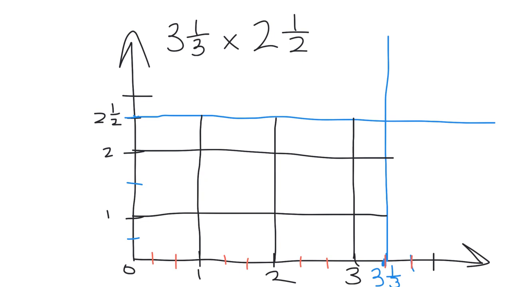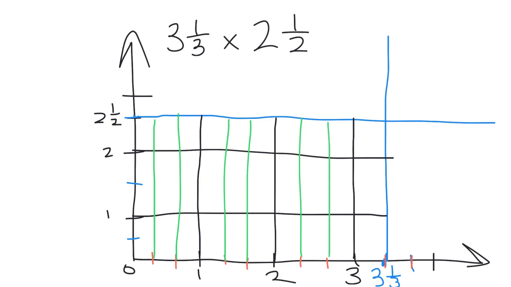Now if I wanted to, I could continue drawing all of these lines, cut up all my thirds, and then cut in all my halves. And so now we can see that 1 whole is made up of 6 little units. Those are sixths, because it takes 6 pieces to make 1 whole.